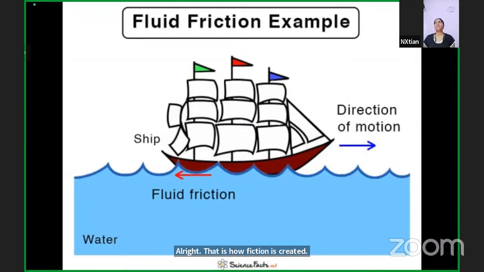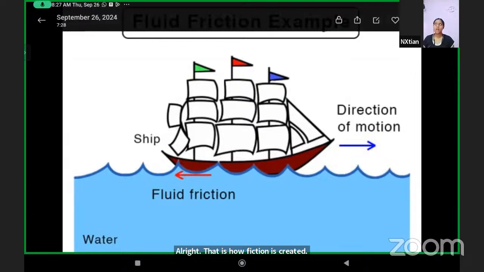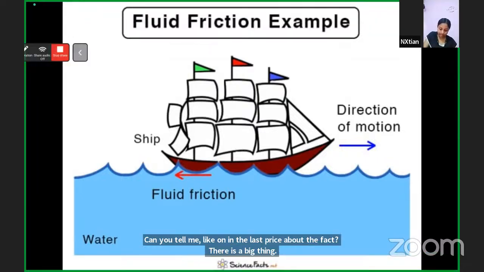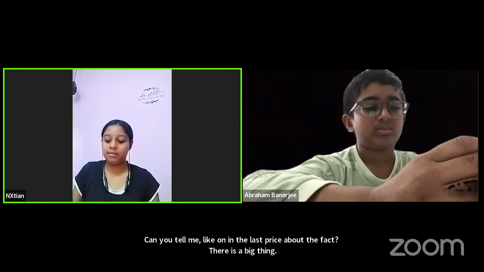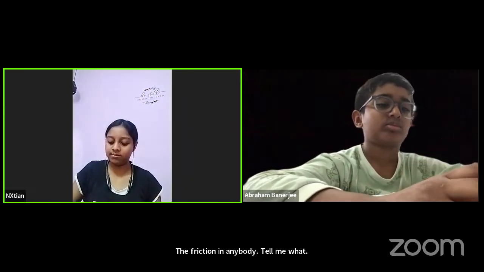Yes. So now, in the last class, I explained about the factors affecting friction. Can anybody tell me what can be the factors which affect friction?